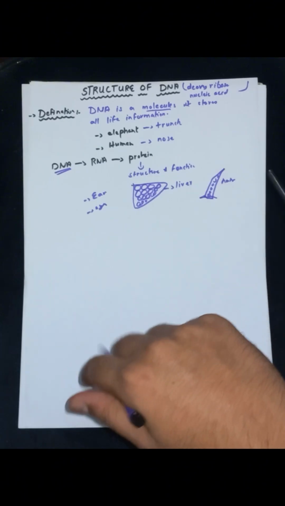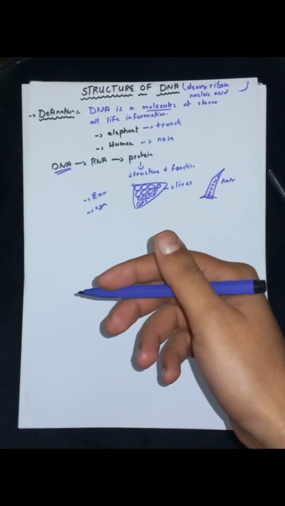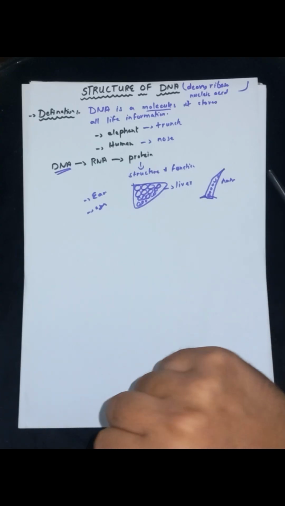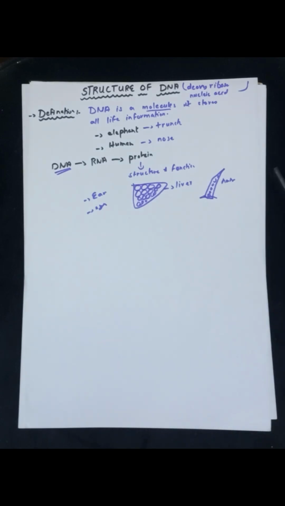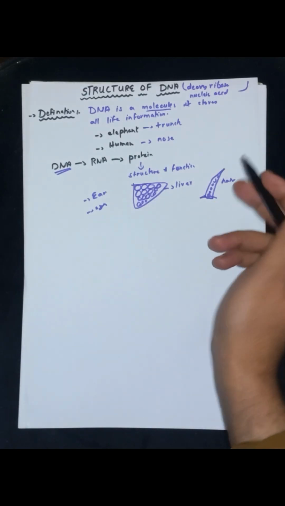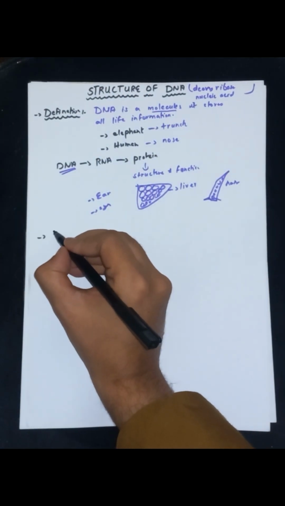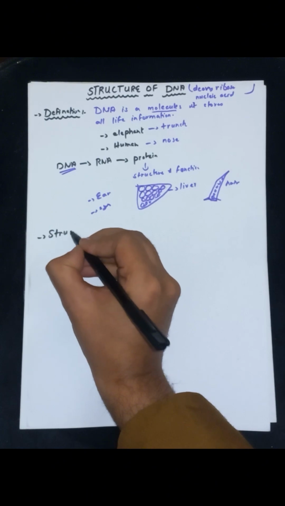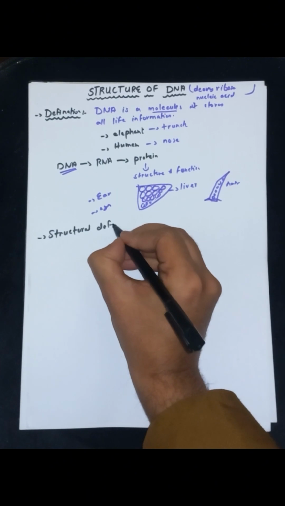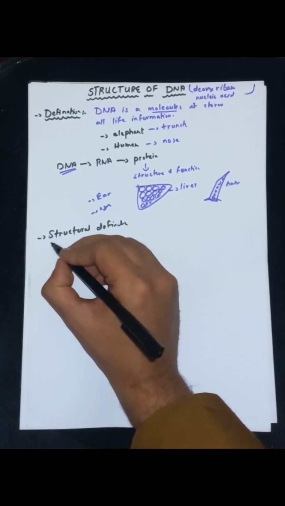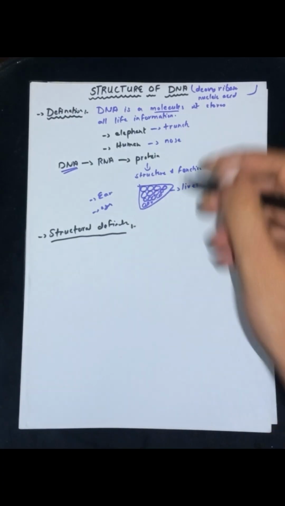So now we will discuss how DNA does it, how it happens, what type of structure DNA actually has. Okay, so for that we have to go into the structure of DNA. This was just an overview. Now we will go deeply into the structure of DNA. So what will the structural definition be here?